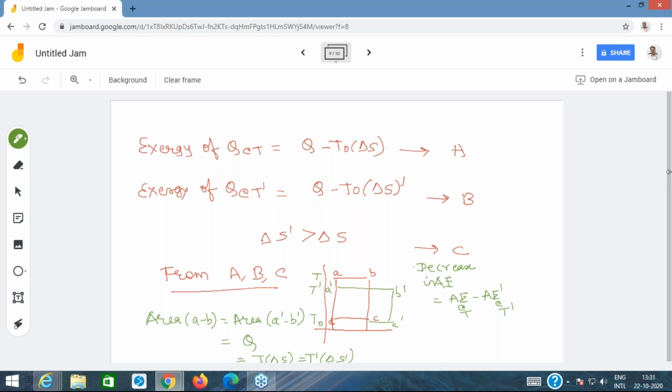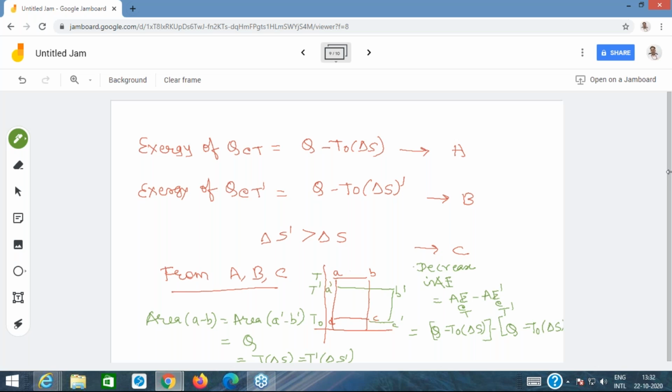And what is the available energy at T? It is Q minus T naught into delta S, minus available energy at T dash, which is Q minus T naught into delta S dash.